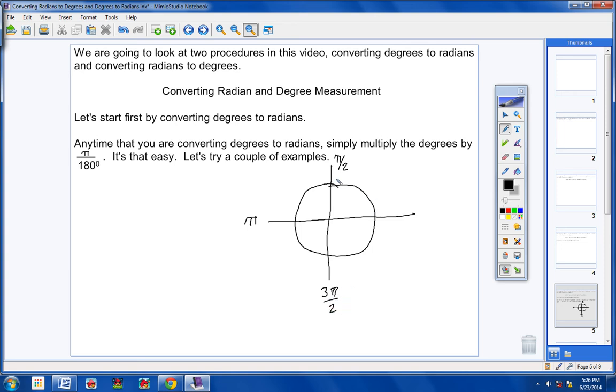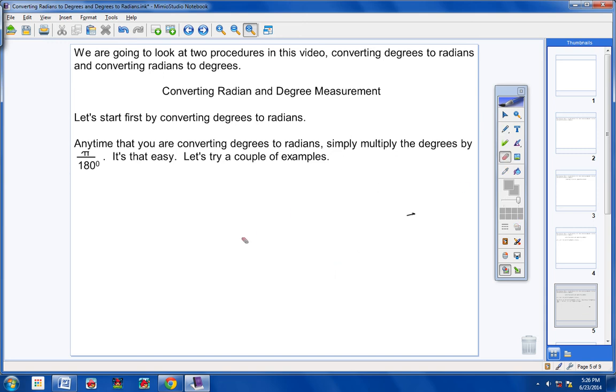And anytime you rotate 360 degrees all the way around the entire circle, that's going to be 2 pi. Okay, and then of course if you cut this in half, 45 degrees would be pi over 4, etc. So you can use some shortcuts like that, and if you'll remember this picture, that will be a help to you in understanding what degrees and radians look like in comparison.